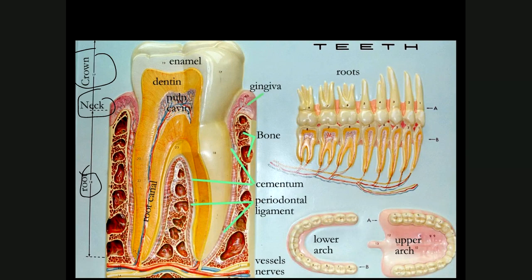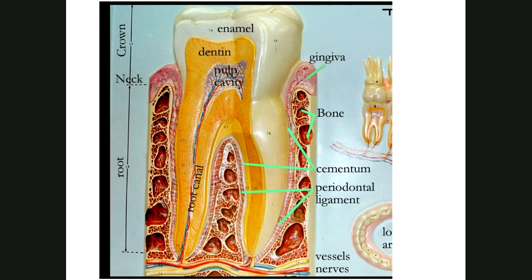We also have layers. So if we look at it, we can see layers. There's the enamel we were talking about. Enamel is the hardest substance in your body. This is the only place you find it. And then underneath that, we have something that's very similar to bone. It's called dentin. And then if you go deeper than that, there's this area that's full of soft tissue.